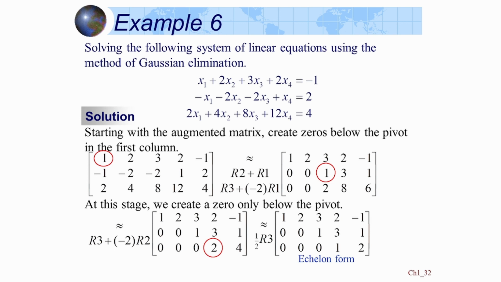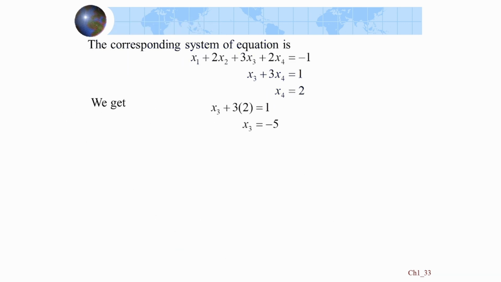Now we go from bottom to top. First is just an explanation, the idea in the language of equations. And then we do the same in the language of matrices. Look, the echelon form's corresponding system is written on the first lines of this slide. Then you see x4 is already defined, it is 2.